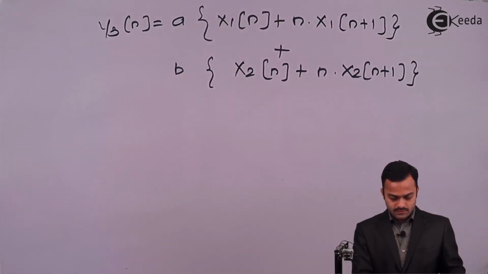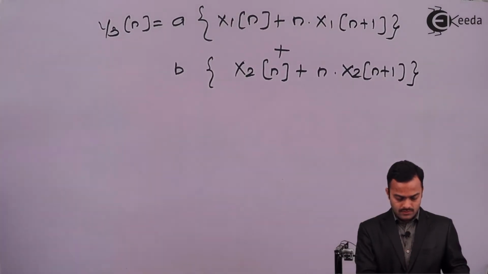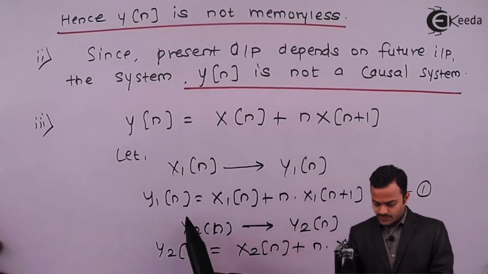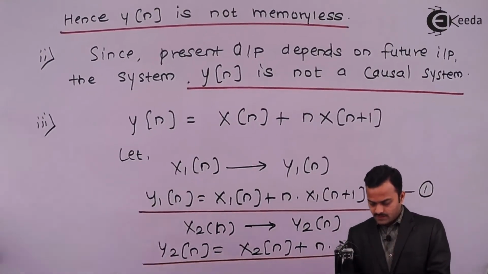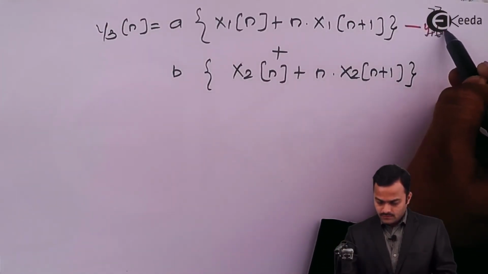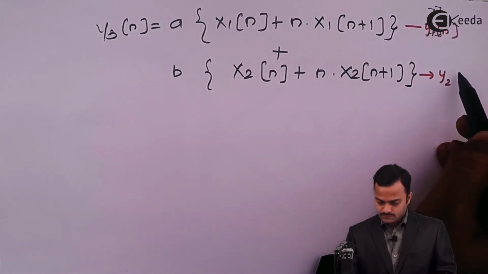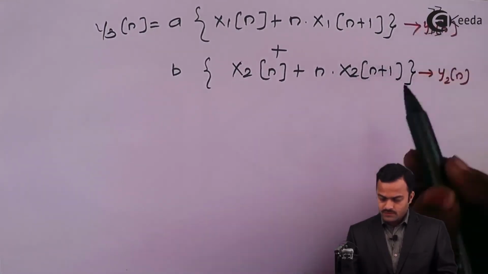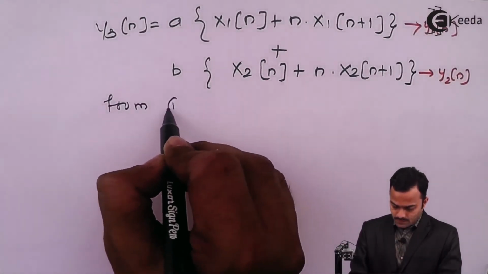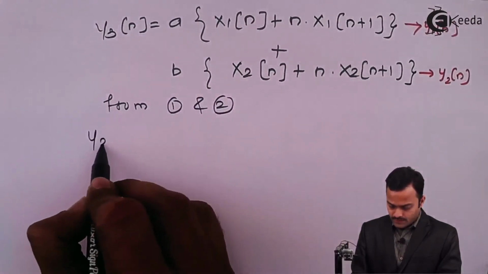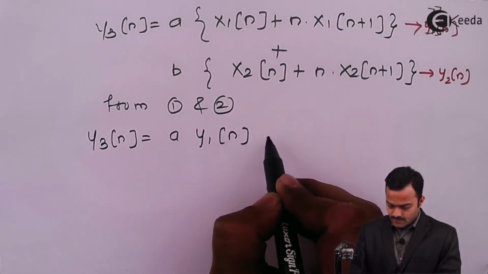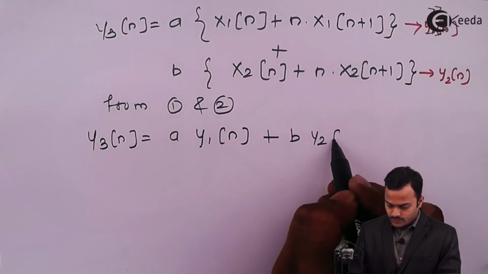So if you observe, y1 and y2 from the equation 1 and 2, I can say at the output side we are getting those outputs y1 and y2. So from 1 and 2 we can say y3n is a times y1n plus b times y2n.